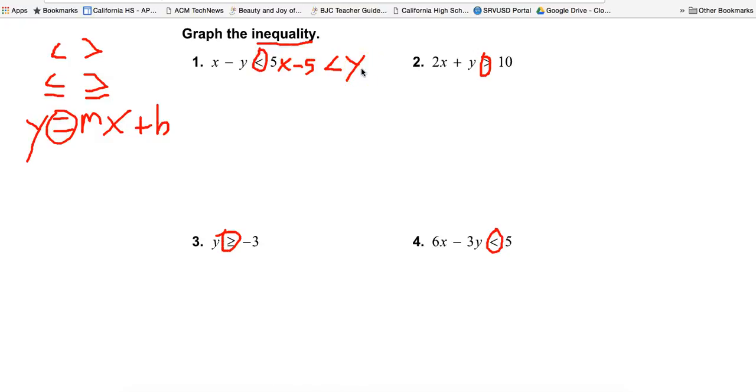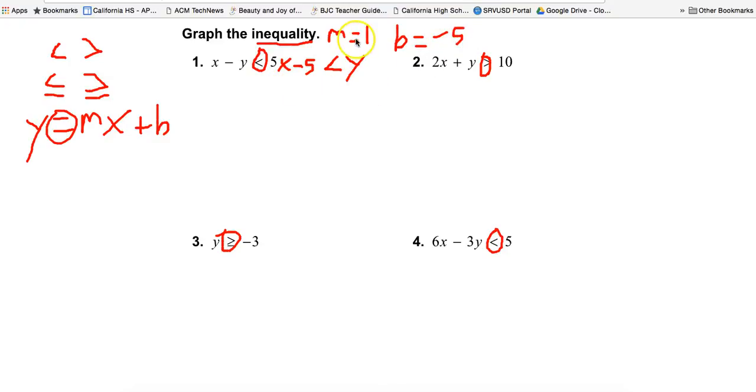Now, what we're going to want to do is graph this like it was just y equals x minus 5. If we look at it, our slope, remember, is m. So this one would have m equals 1, and b, our y-intercept, would be equal to negative 5.